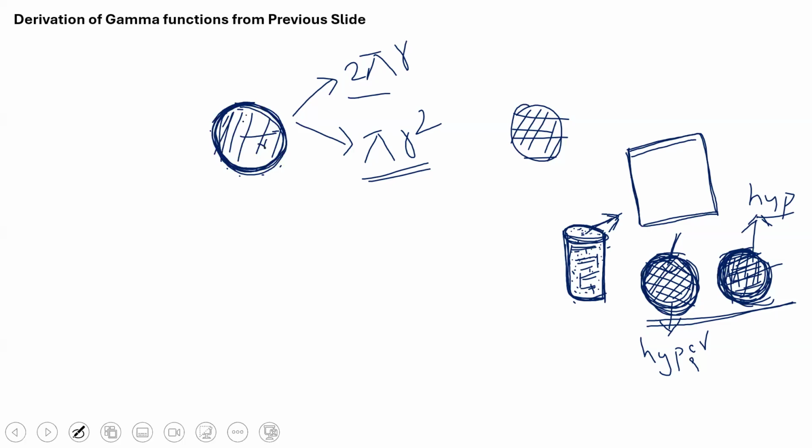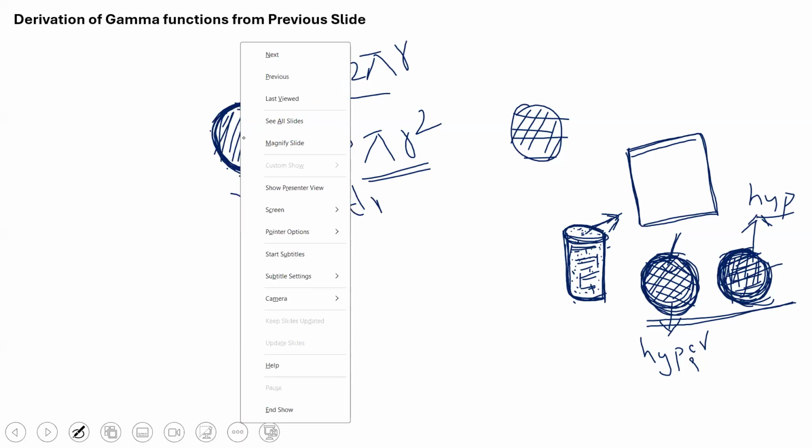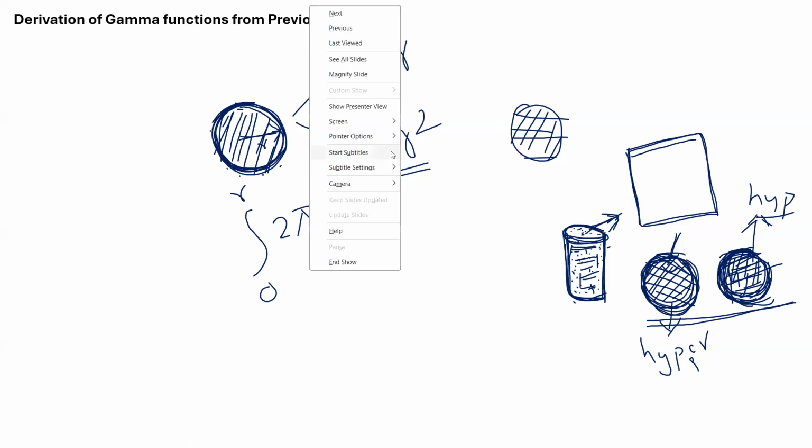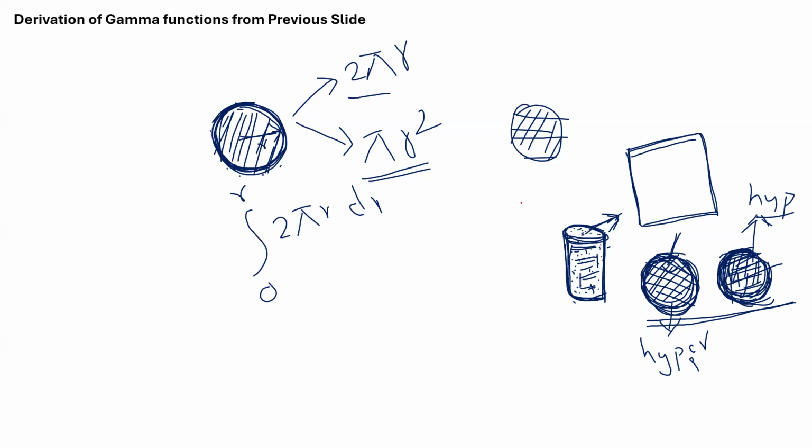If you want to find the area inside this, you have to integrate 2 pi r dr from 0 to r. What does this mean? Look at this. This is the outer circle, and these are the inner circles.